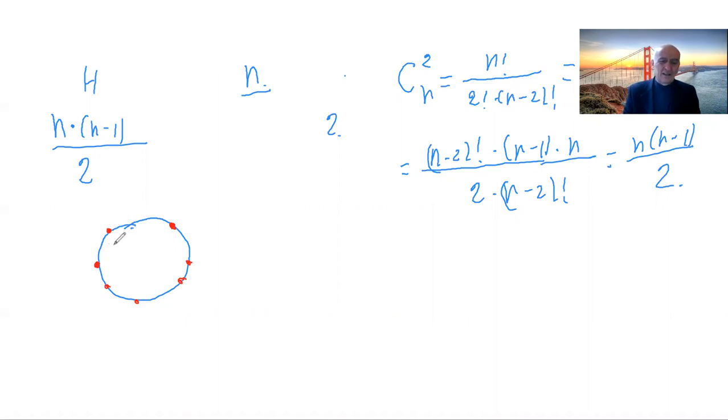So to construct a triangle, for example, here we have A1, A2, A3, A4, A5, A6, A7. For example, I constructed this triangle.